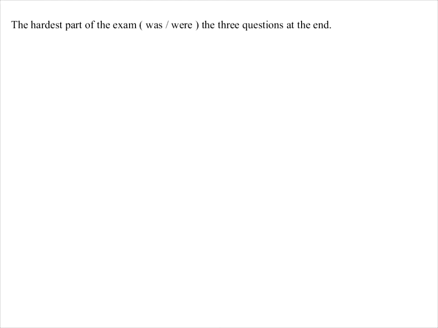Second one: the 3 questions at the end was or were the hardest part of the exam. And thirdly: harder than anything else on the exam was or were the 3 questions at the end.